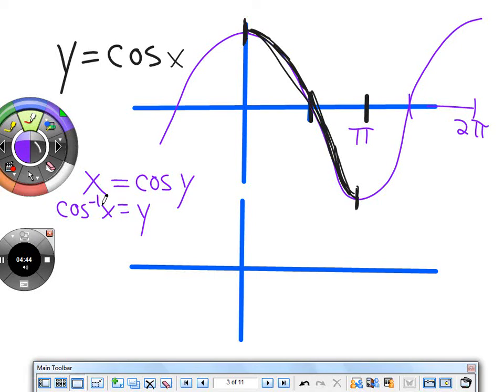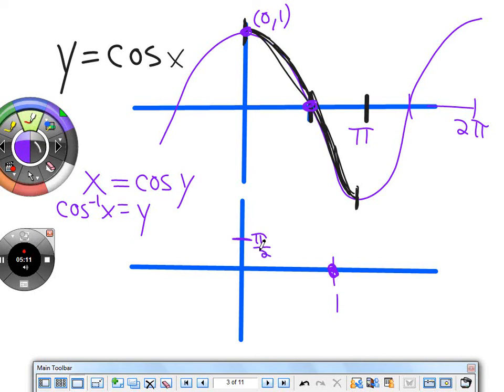As far as the sketch, we're just going to keep switching the points. Let's say this point is 0, 1. Now it's going to become 1, 0, so it's going to be right here at 1, 0. And then let's say we take this point, which is pi halves, 0. Then it's going to be 0, pi halves.